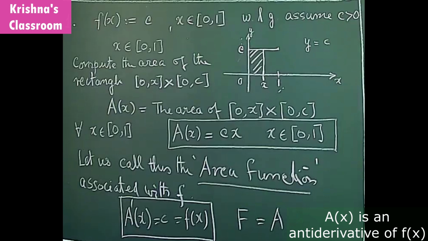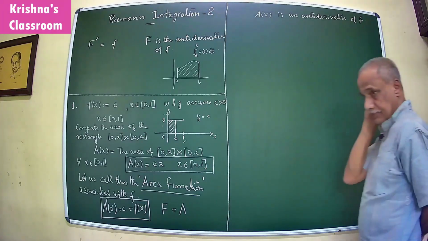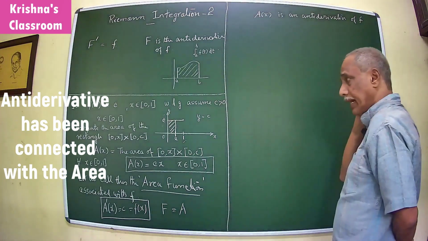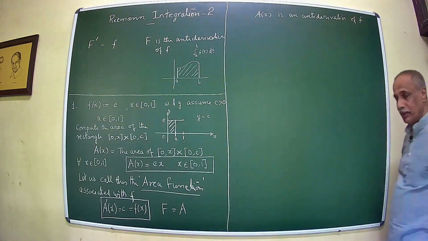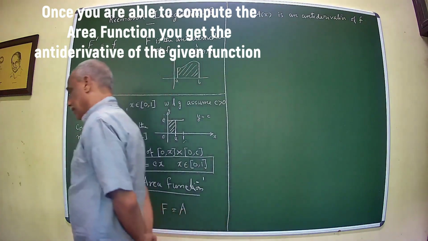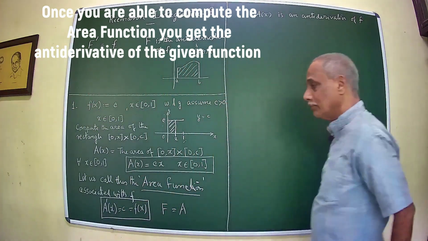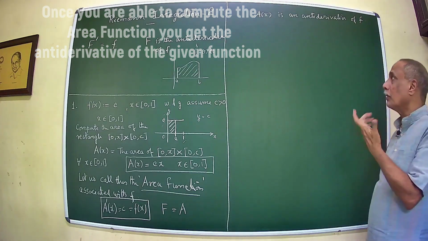A(x) is an antiderivative of f. So we have successfully computed the antiderivative, and this antiderivative has been connected with the area. It looks very promising. Once you are able to compute the area function, then you get the antiderivative of the given function. So that's a very well defined way of computing this.